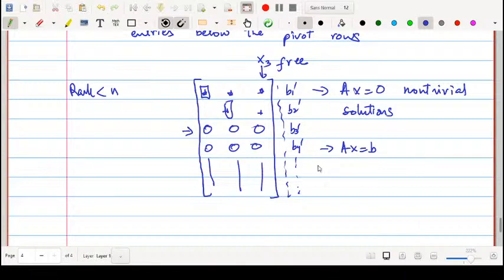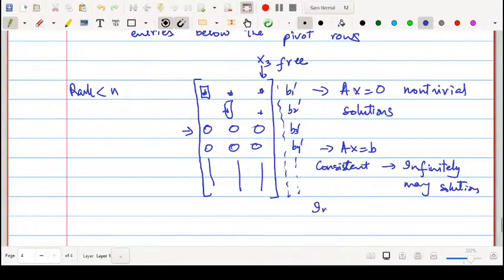So if it's a consistent system and all of these are indeed 0, then you will get infinitely many solutions, because there are lots of non-trivial solutions that you can add to your particular solution.